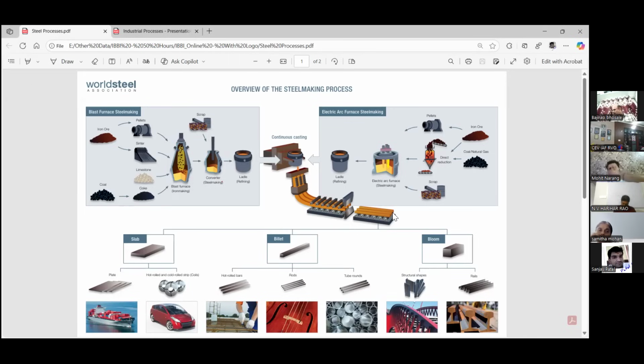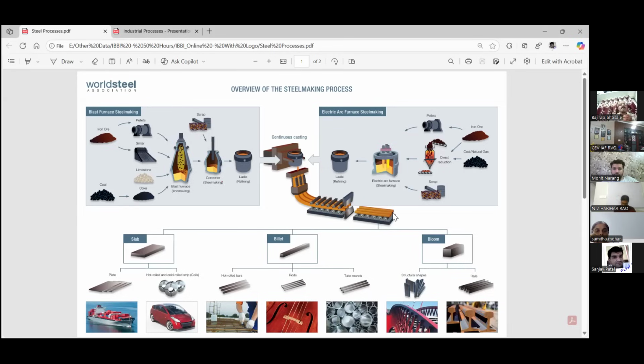So majorly these are the major machines that will be used in the steel industries. Further, all the required utilities will be there, that may be a cooling tower, air compressor, that may be a power plant, cooling towers or DG set.